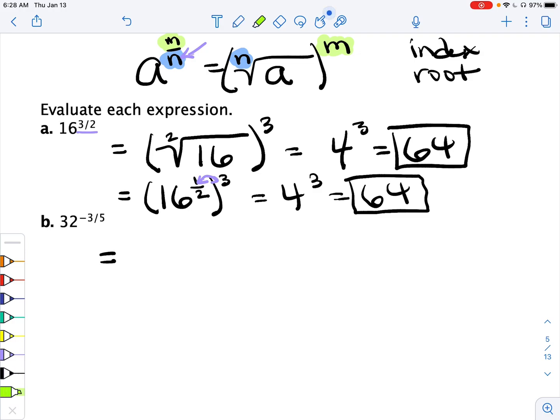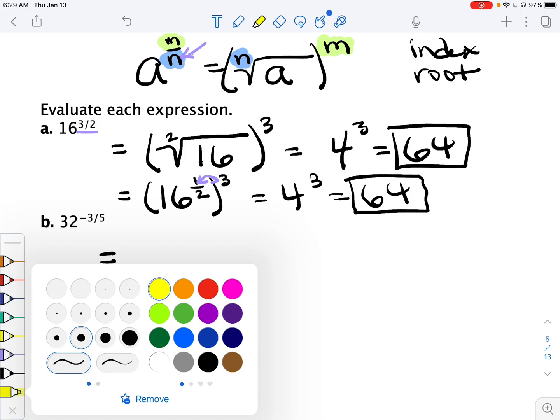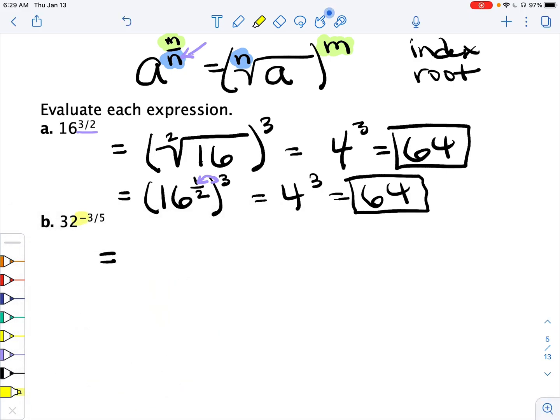Okay, let's do B. Oh, notice, before we even get started, there's a negative here. So we're going to flip the whole thing into its reciprocal and get rid of the negative. Okay, so let's do it as radical sign first.